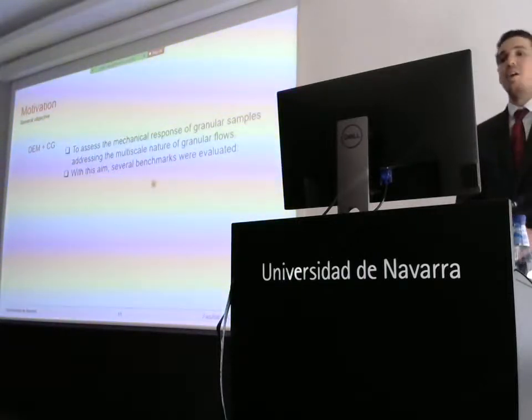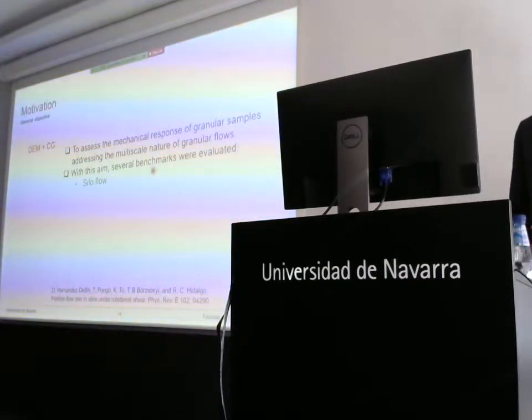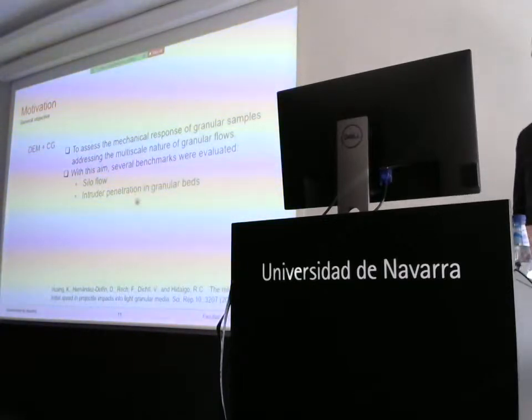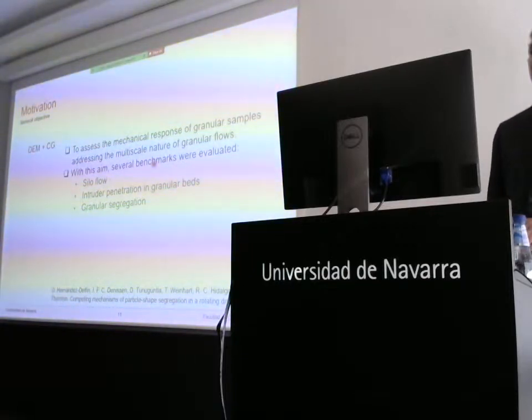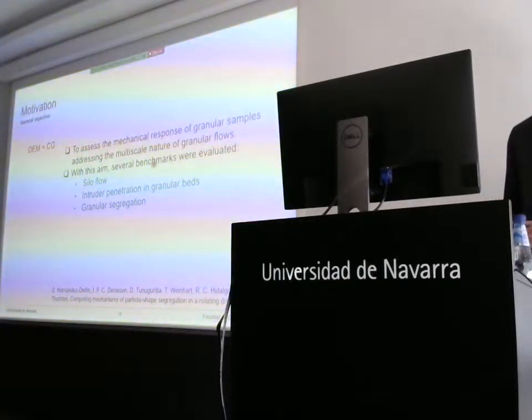With this aim, several benchmarks were evaluated. Firstly, the silo flow. Secondly, the fluid penetration in a granular bed, and thirdly, the granular segregation due to the shape of the particles. And it's worth mentioning that three other works have been evaluated during this PhD.